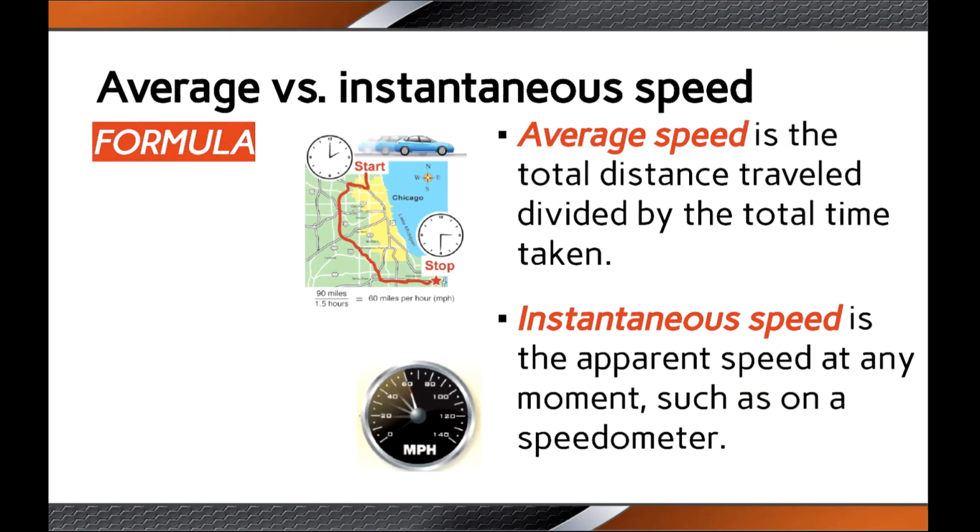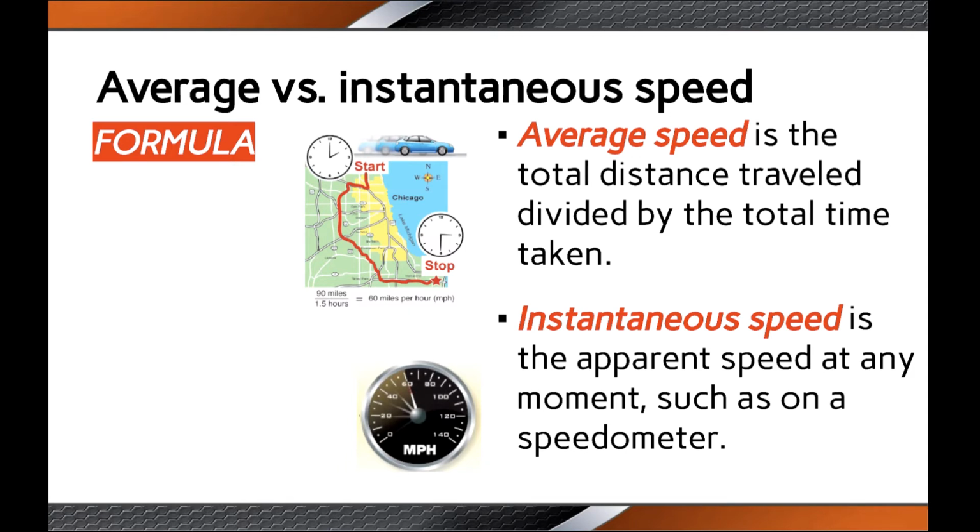Okay. We know what speed is. It's that change in distance per unit of time. We know what constant speed is. That's our cruise control. Now, let's say that you can't put on the cruise control. You're driving through town and you're hitting every single red light and you're having to speed up and slow down. How are you supposed to figure out your speed there?